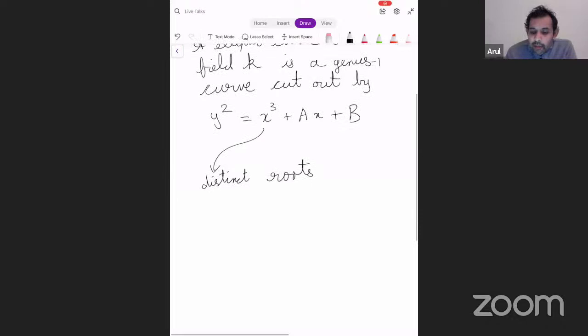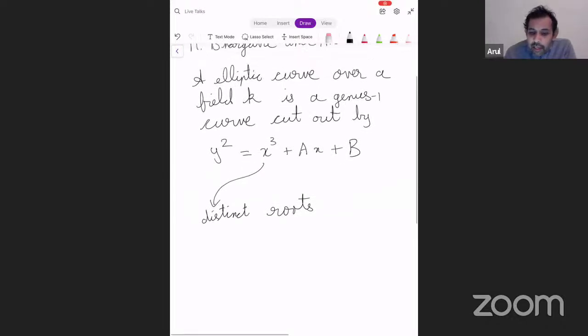The roots don't have to be defined over the field, of course, but the roots must be distinct. In other words, the discriminant of this cubic polynomial must be non-zero.